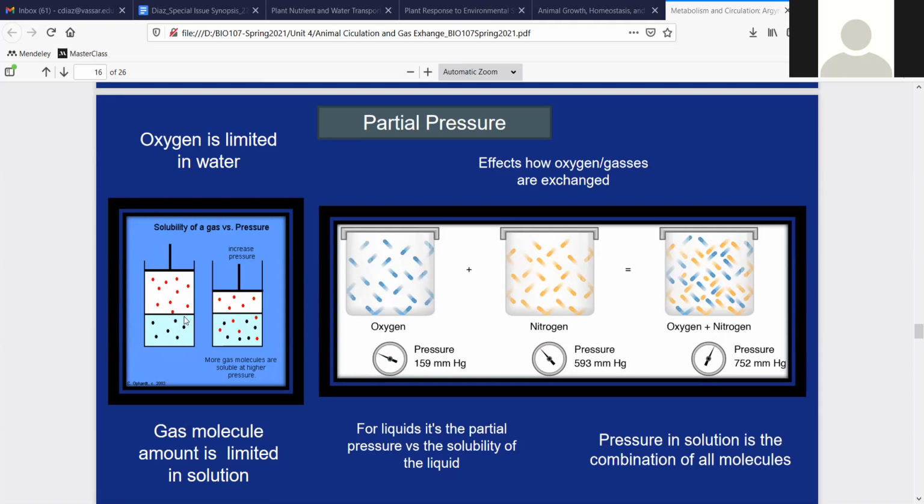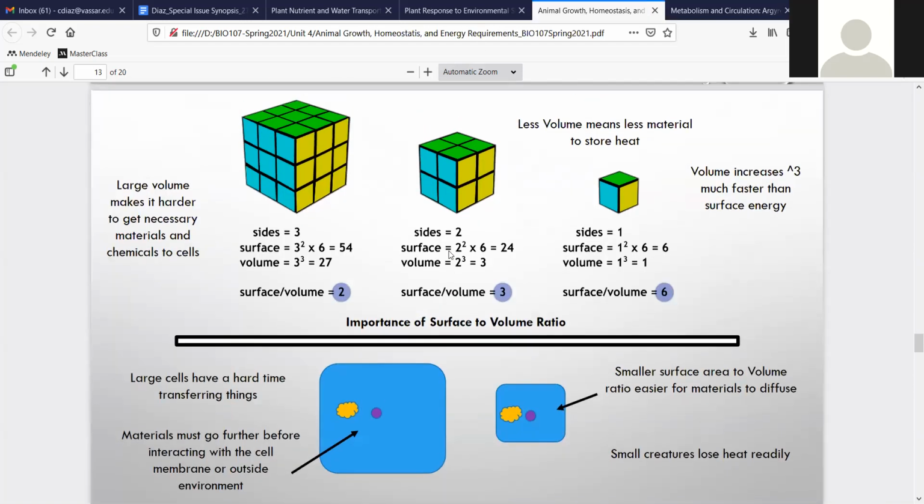And so this is going to be a very large limiting factor for the size of organisms and how organisms distribute nutrients and materials that they need. And so organisms that are smaller are going to have a harder time keeping water and other materials inside of themselves, right? It's going to be easier to transport things.